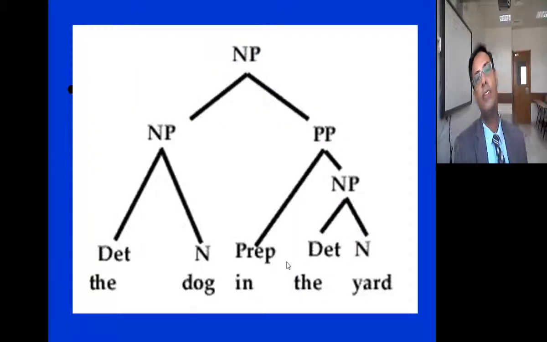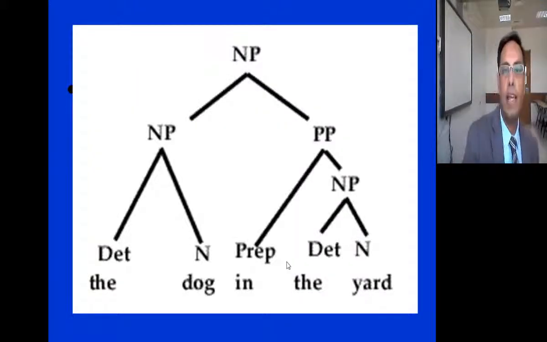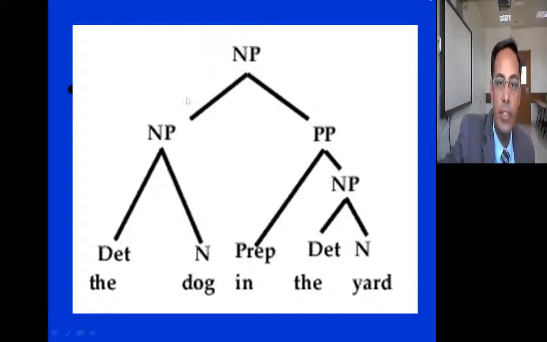Look at this diagram. This is called the tree diagram. The noun phrase consists of, for example, look at this phrase, the dog in the yard. Here we have the dog first. It is a noun phrase. In the yard is a prepositional phrase. So the noun phrase is composed of a noun phrase plus a prepositional phrase, the noun phrase the dog and the prepositional phrase in the yard.